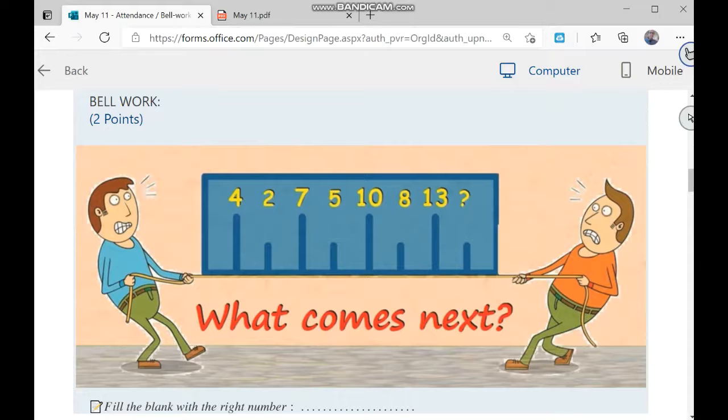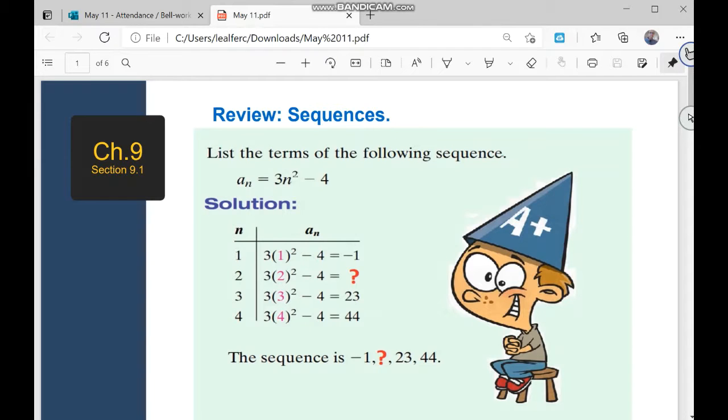If you don't have any questions, let's move on to the review. Yesterday we started to talk about sequences and series, and we have seen some very basic concepts. One important basic concept is the notation of each term of a series.